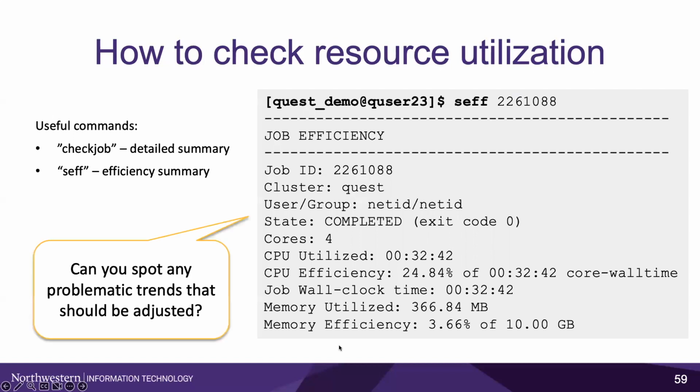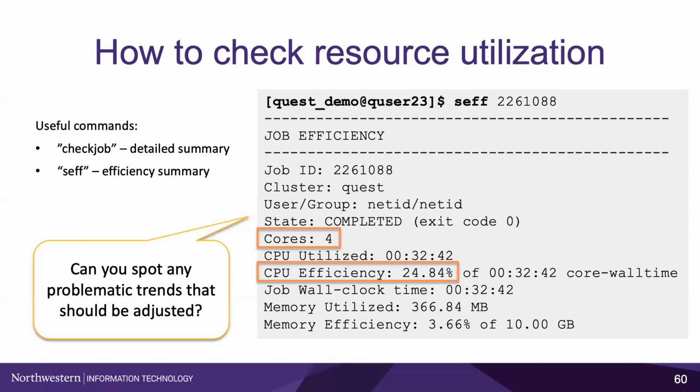So I want to take 1 second here to see if you can spot any problematic trends that might need to be adjusted for a future run. You might notice that the user requested 4 cores for this job, but the CPU efficiency is actually roughly 25%.